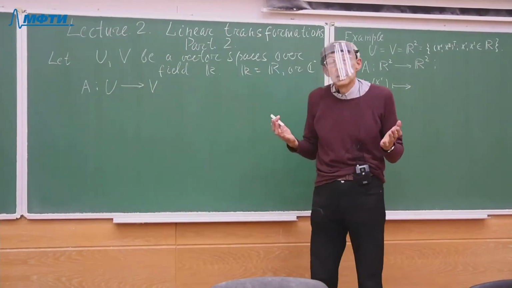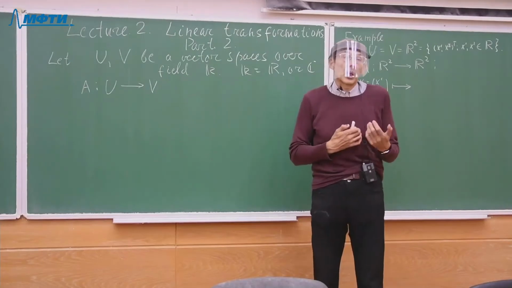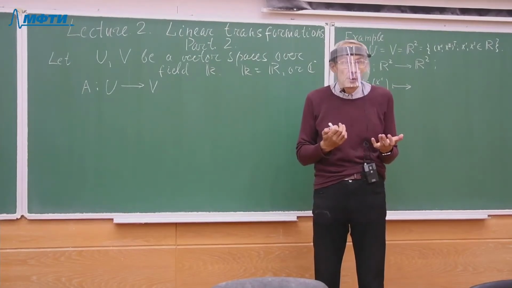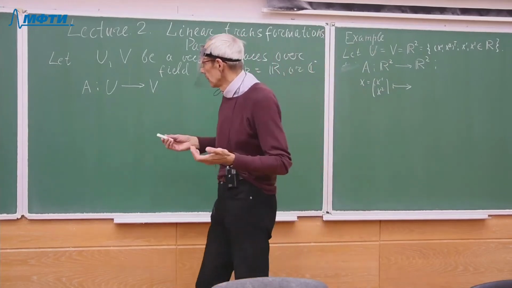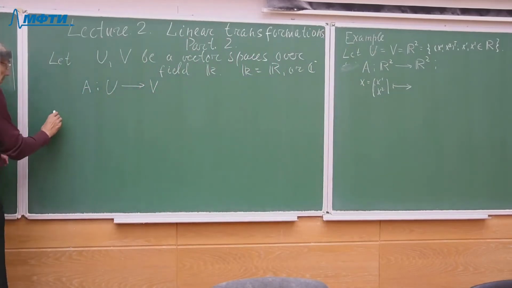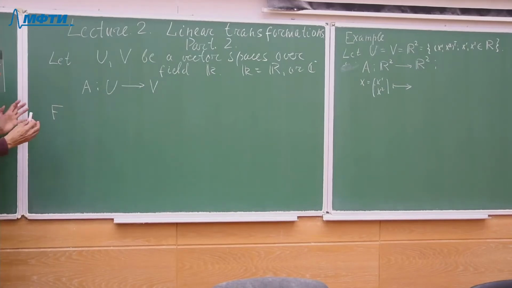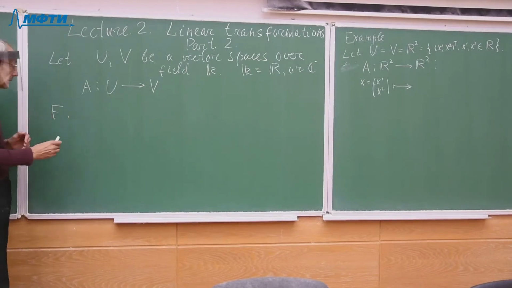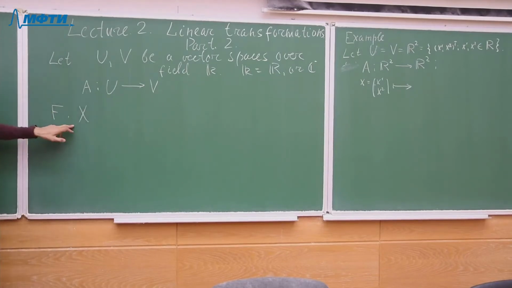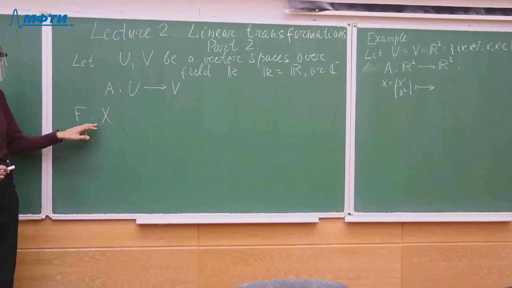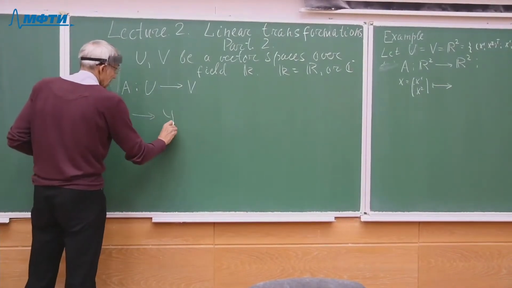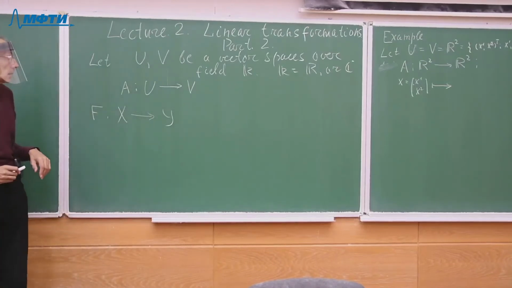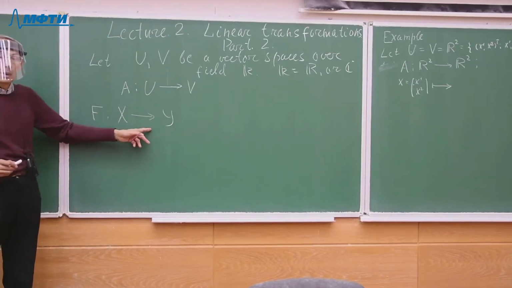And linear transformation is a partial case of mapping. Let F be an arbitrary mapping. I recall that if we have a mapping, we have some set which is called the domain of this mapping, and another set Y which is called the codomain.